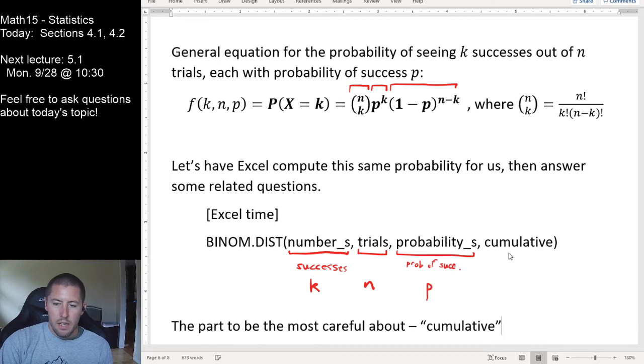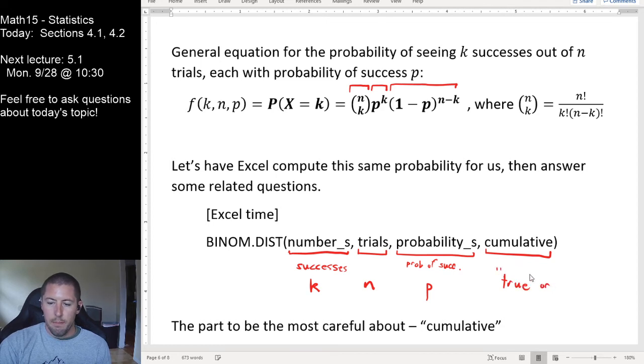And cumulative is going to say, are you looking for the probability of up to K? This would be like saying, what's the probability of having at most 2 days of rain? So 0 days of rain, 1 day of rain, 2 days of rain. That would be cumulative probability of up to 2. Or do you want the probability of exactly 2? So this is always going to be either true or false.